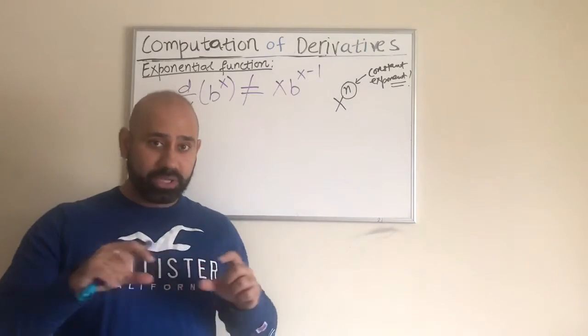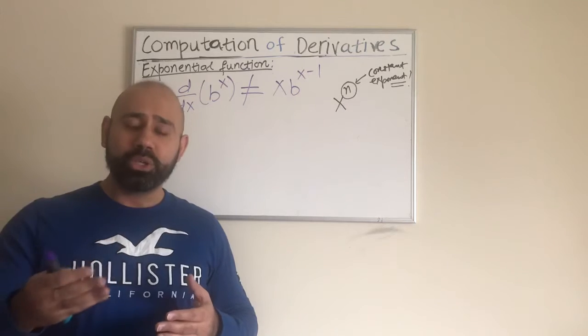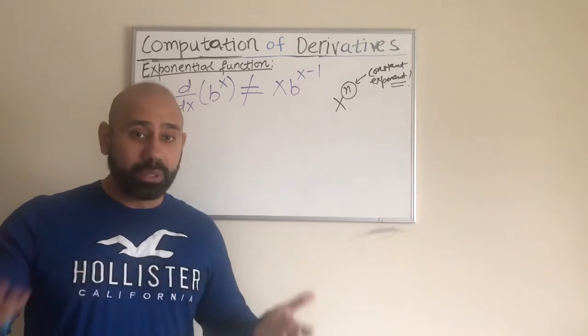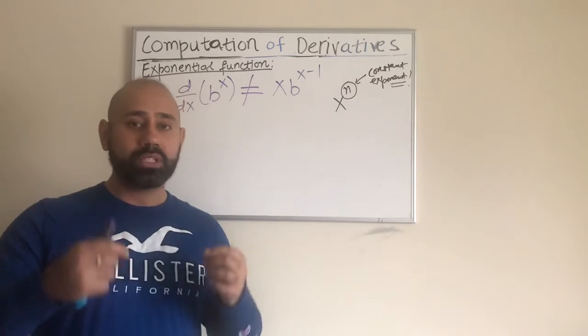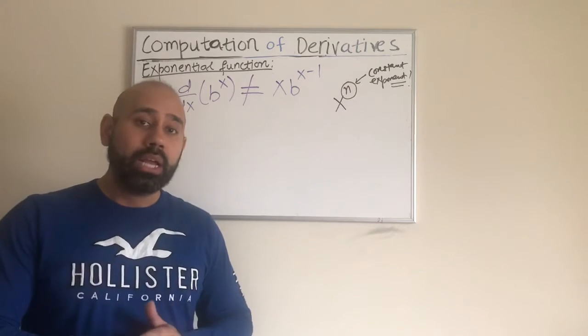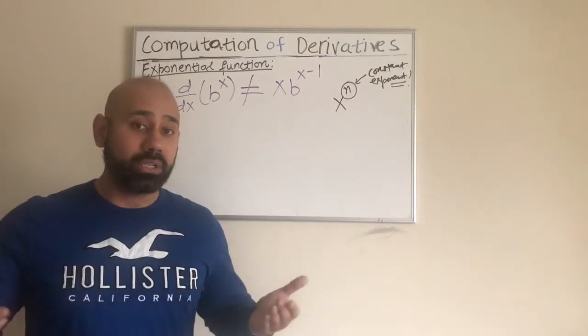That would be our general formula. We'd also evaluate the derivative of an exponential of the form e to the power x, and then we will use those two and one more, which is a consequence of the chain rule, to evaluate the derivative of different types of exponential functions.